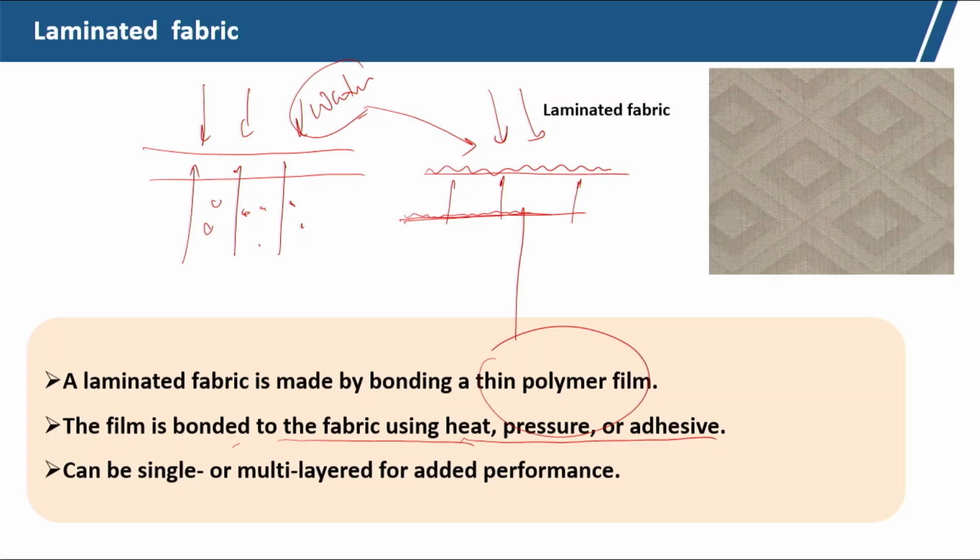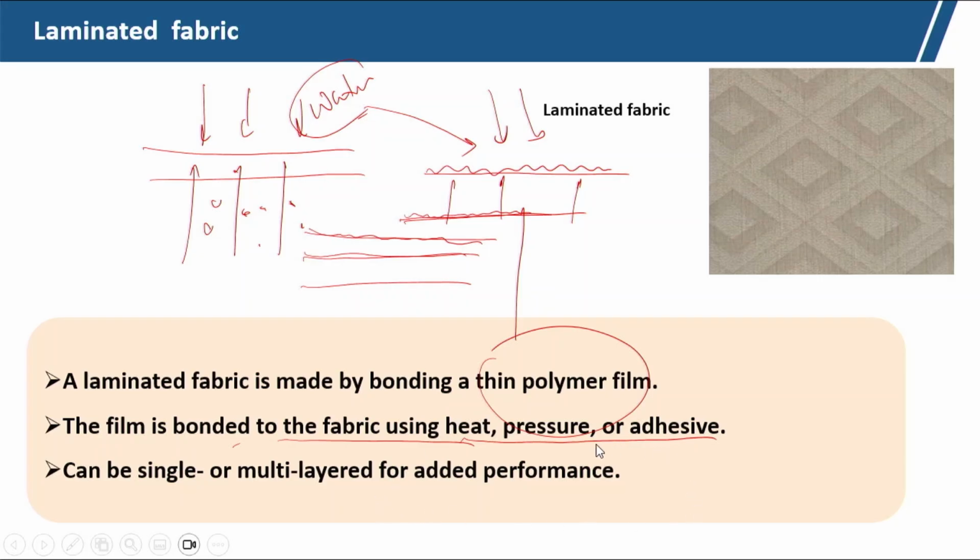But if we want thermal insulation, in that case we can use nonwoven fabric, multiple nonwoven fabrics, and one layer can be a fabric treated with the polymeric, porous film. So, it can be single or multi-layered for added performance.